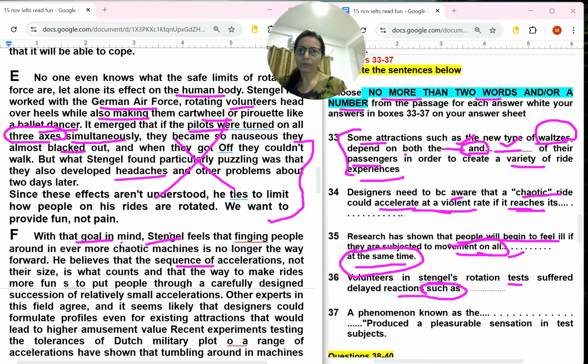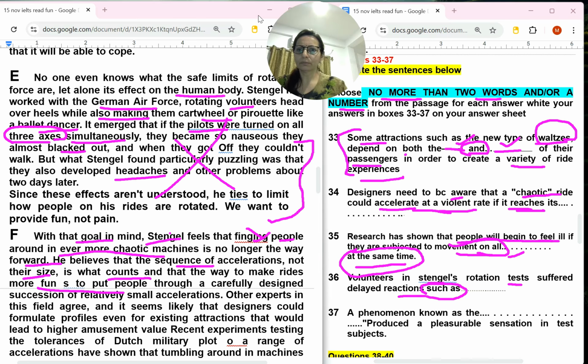With that goal in mind, Stengel feels that thinking people around in ever more chaotic machines is no longer the way forward. He believes that the sequence of acceleration and their size is what counts, the way that makes rides. Somewhere are they talking about other experts? Volunteer, Stengel's rotation test.